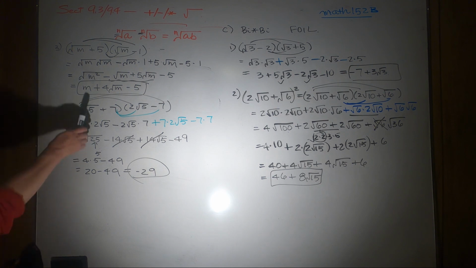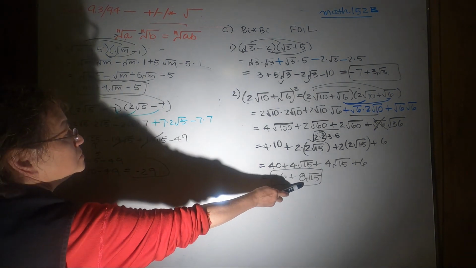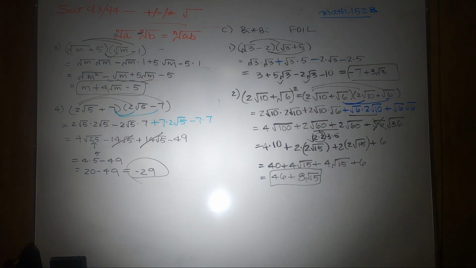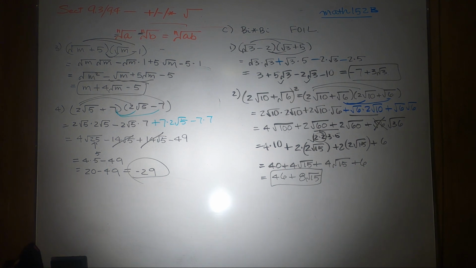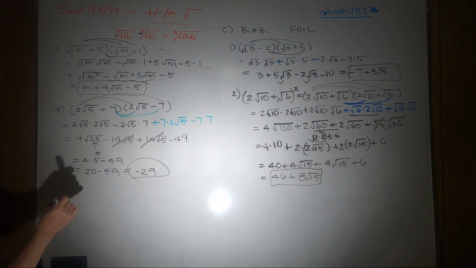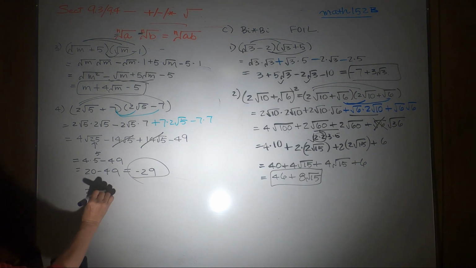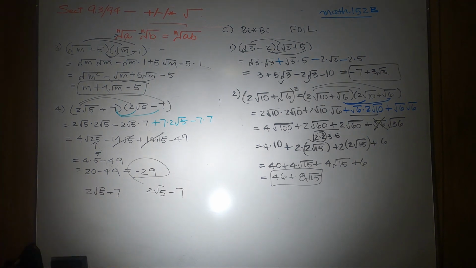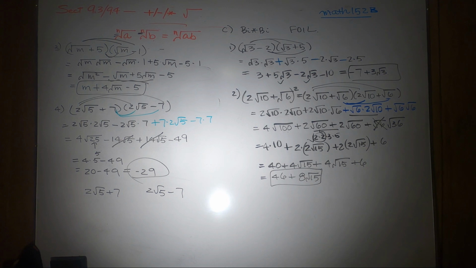In other cases, we all have radicals left. In this case, we don't. This is a special condition: when you have a binomial 2 square root of 5 plus 7 and 2 square root of 5 minus 7, when they multiply together, one is plus, one is minus, so the middle terms cancel out.